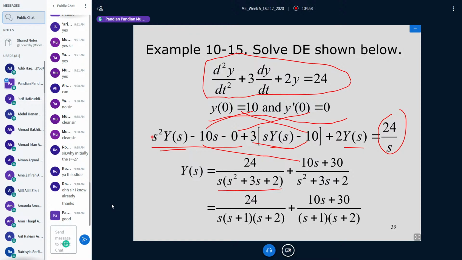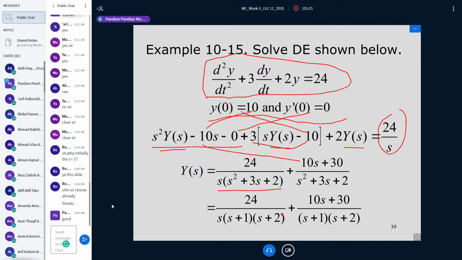They already skipped many steps, class. It's not important. All the steps are not important. The main thing is how far you can get Y(t). S squared plus 3s plus 2 you can factorize: s plus 1, s plus 2. Here plus 10s plus 30 over s plus 1, s plus 2.